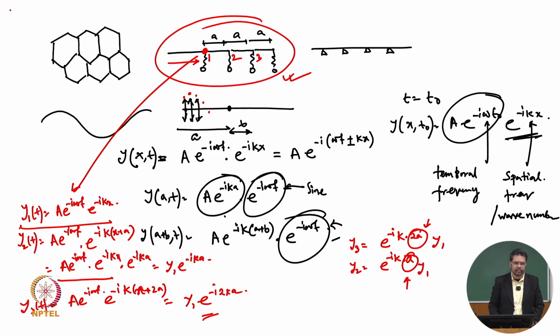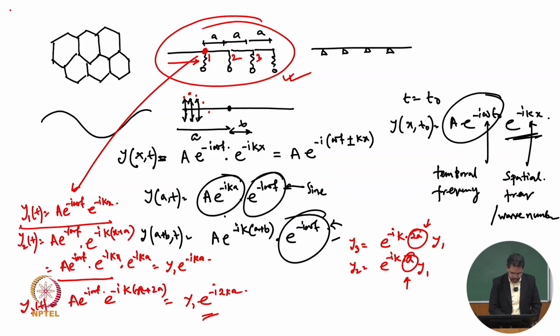So that distance times the wave number gives me a correlation. I can say y2 is e to the power of minus i k into a times y1. So we get a relationship between the two points which are periodically placed, and that correlation is important.